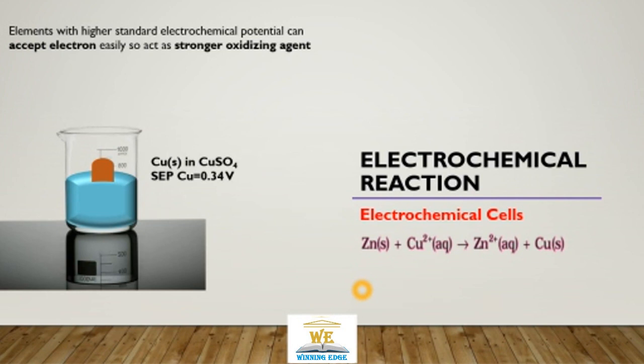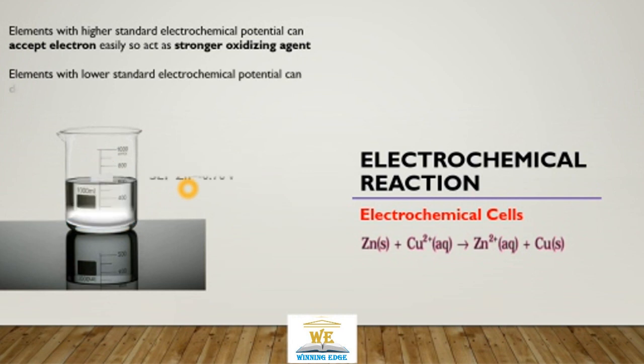Elements lying above hydrogen can accept electrons because of their positive standard electrode potential, like copper, which has a standard electrode potential of 0.34 volt.